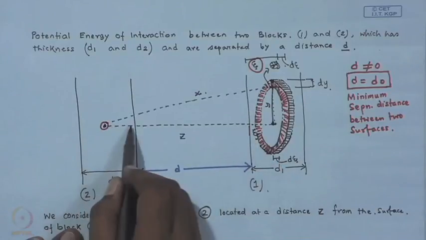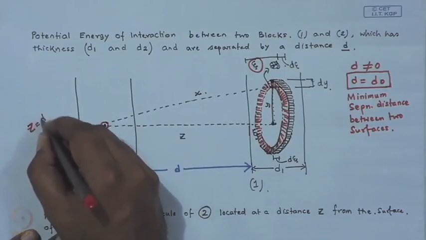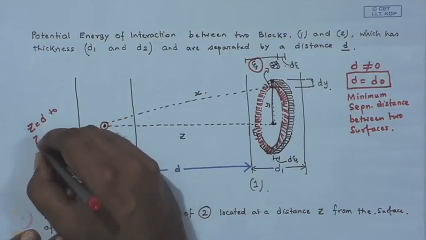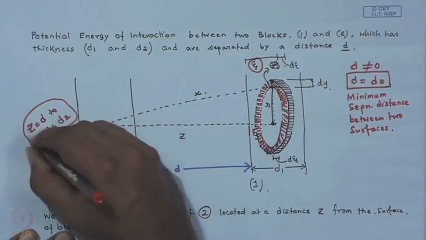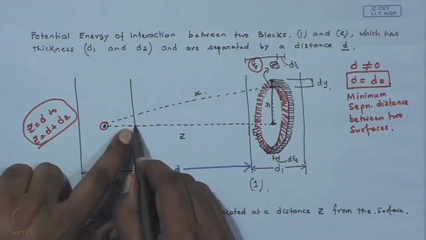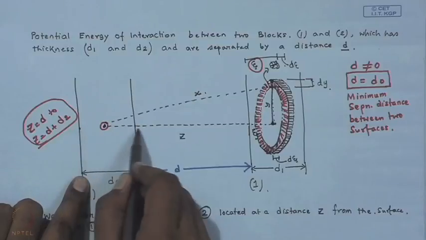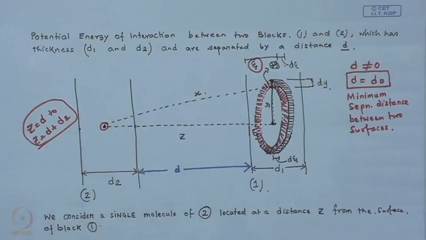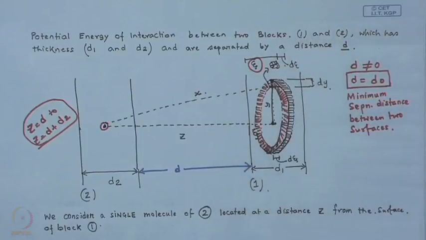So, this particle can lie within the limits of z equal to d to z equal to d plus d2. That is the bounds over which the particle can lie. So, this is z equal to d, the particle can be here or at any location down all the way up to here. So, this is d to d plus d2. For the particle, for material 1, we have identified an annular volume like this. Okay.